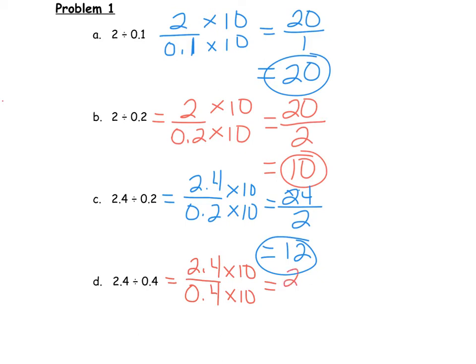So it makes it 24. 4/10 times 10 means the 4 in the tenths place gets moved to the next largest place value, which is ones. So 4/10 becomes 4. 24 divided by 4 is 6. Make sure you showed all your work.